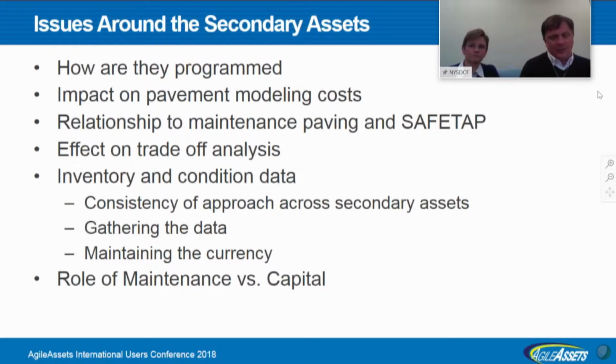Is maintenance going to have a complementary role? Is maintenance going to have a role of just dealing with defects, accidents, just the damaged section of guide rail from a hit, where the whole section of guide rail, if it's going to be replaced, is done by capital? We need to build some of those rules in on who does what with these secondary assets, depending on what's driving the condition.